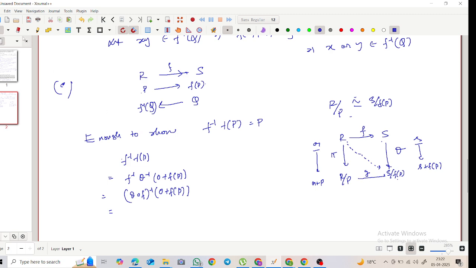Actually, we don't need to do much, because since this is a bijection, this is direct actually.